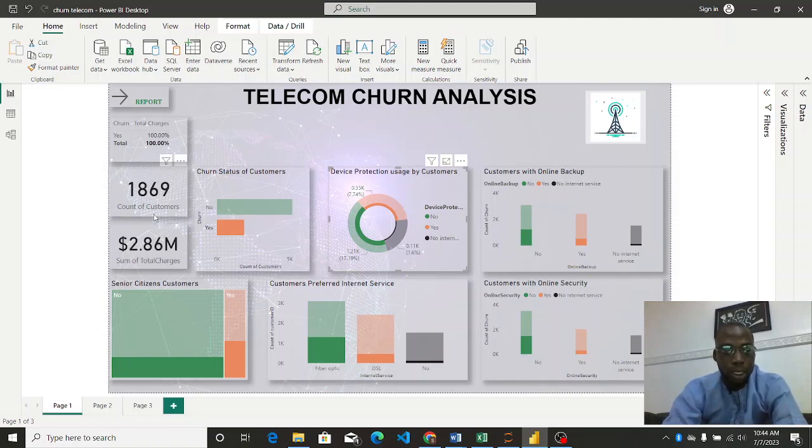And from these 1,869 customers, we make $2.86 million. You know, these are essentials. No organization will be fine with losing $2.86 million. They, of course, are not fine with that. That's why they want us to make an analysis.